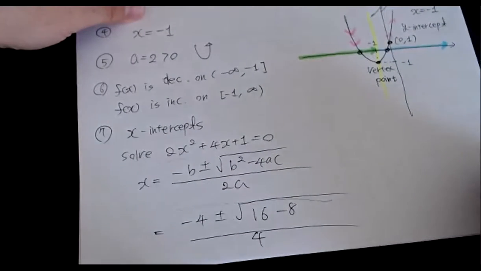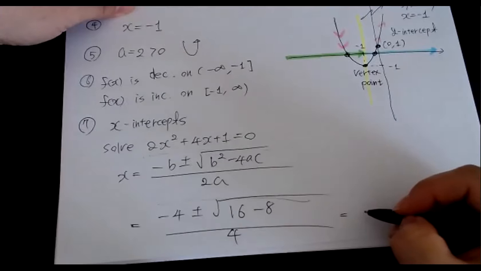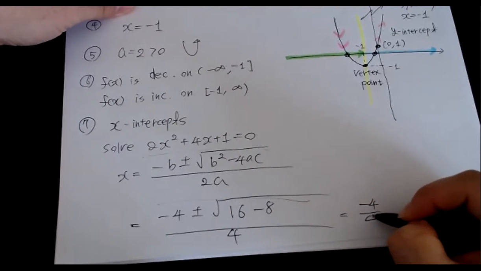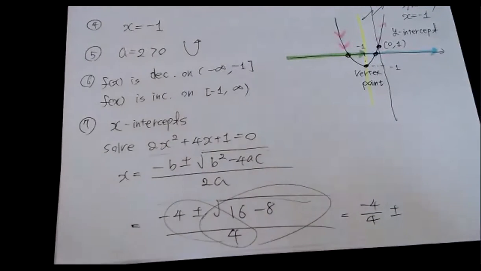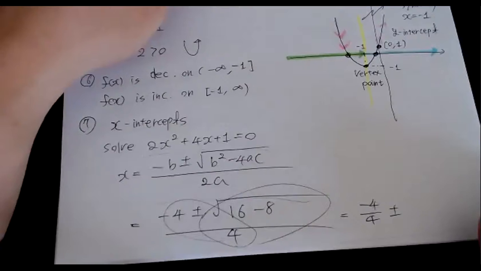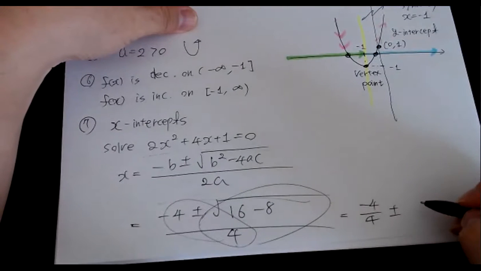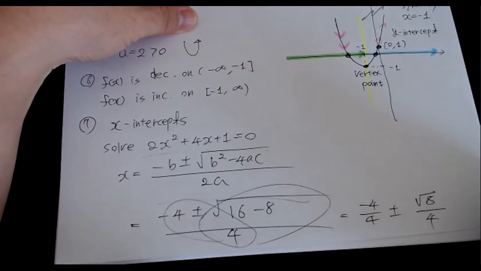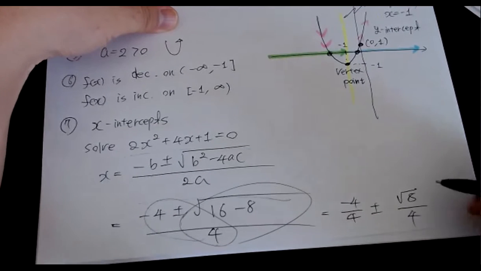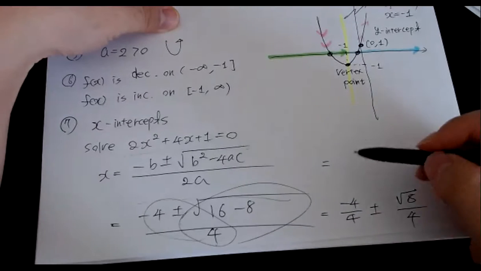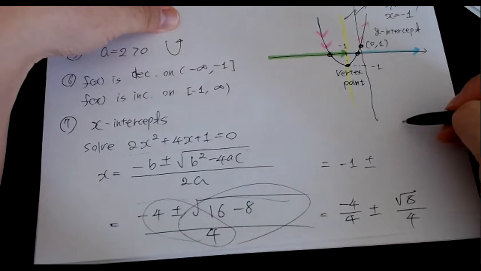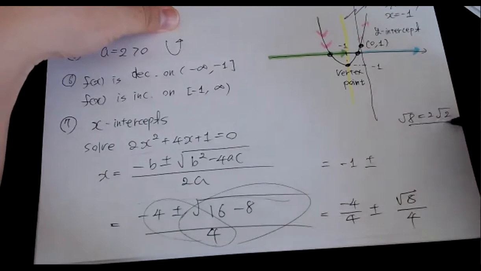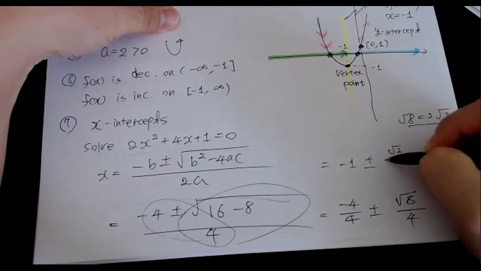So this is -4 over 4 plus or minus the square root of 8 over 4, splitting up the fraction. You may just plug this into a calculator, but let me simplify. -4 over 4 is -1, and the square root of 8 is 2 times the square root of 2, so we get the square root of 2 over 2.